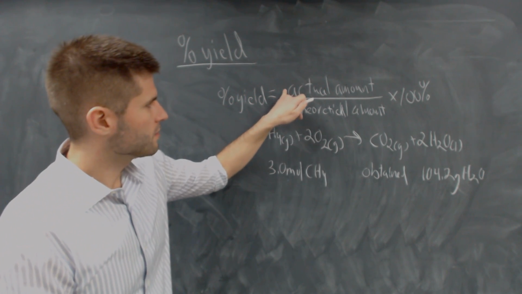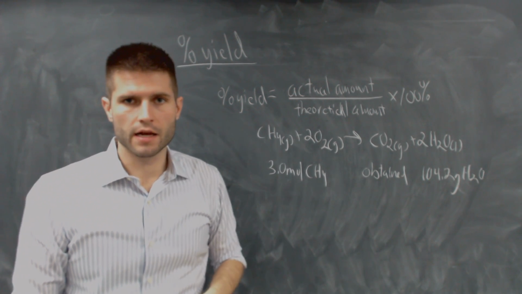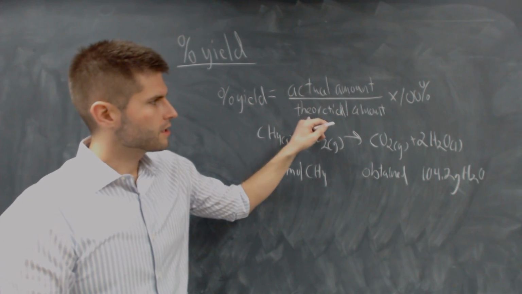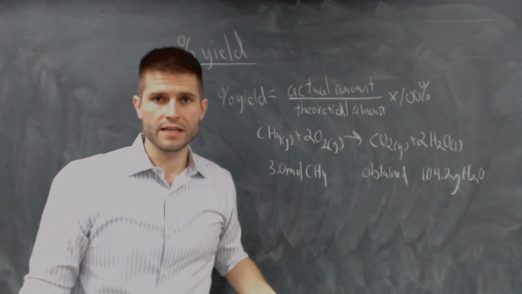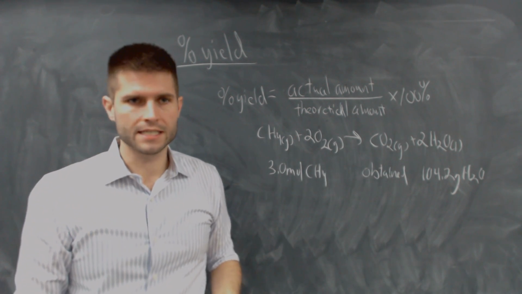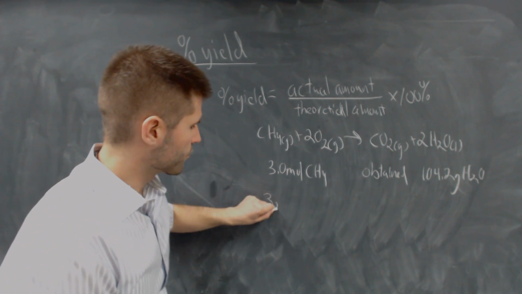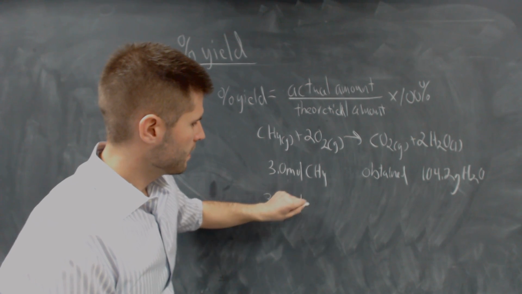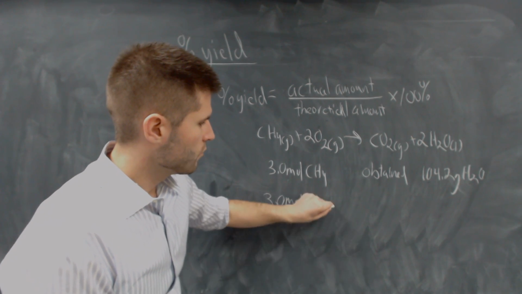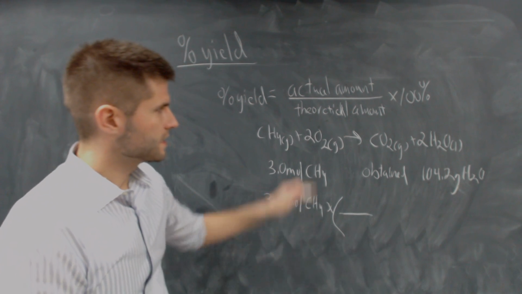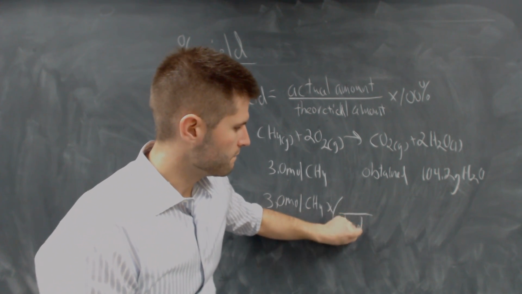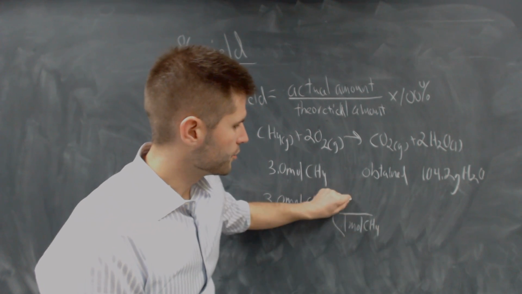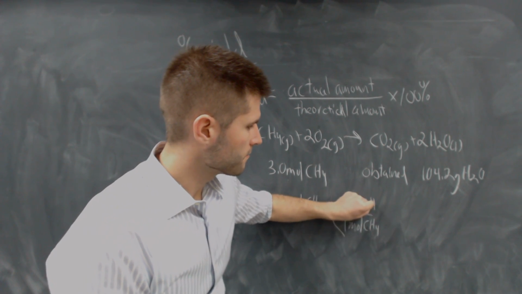Now we have the actual amount, we need to figure out the theoretical amount. The theoretical amount will always use your balanced chemical equation. It's theory. You're using math in order to predict something. So we can start with our 3.0 moles of CH4. We can perform our dimensional analysis using the balanced chemical equation here. For every 1 mole of methane, there are 2 moles of water.